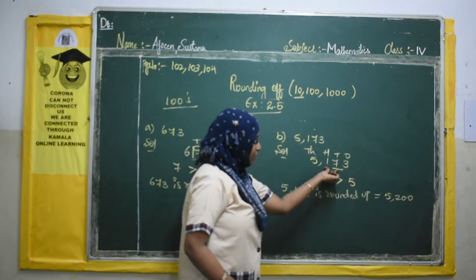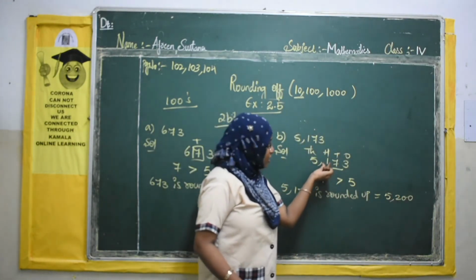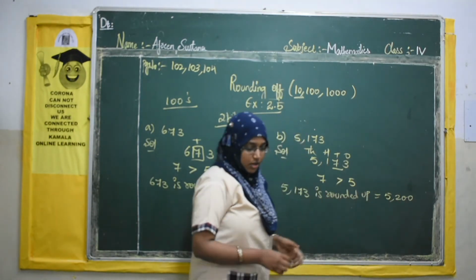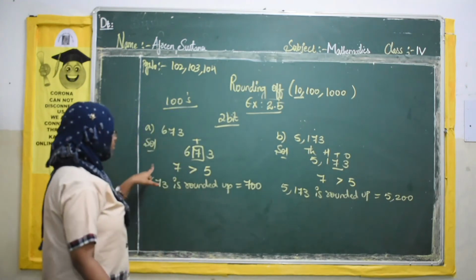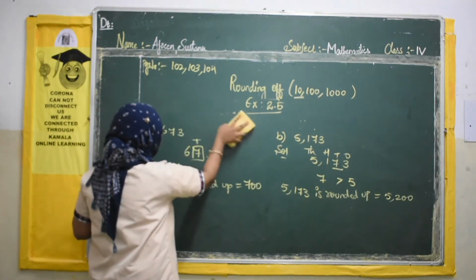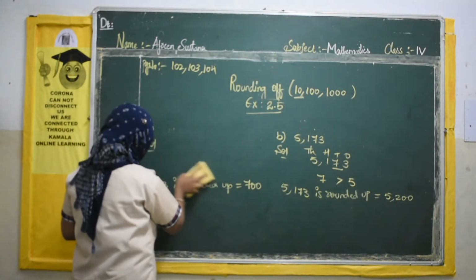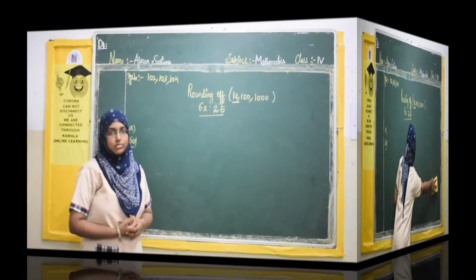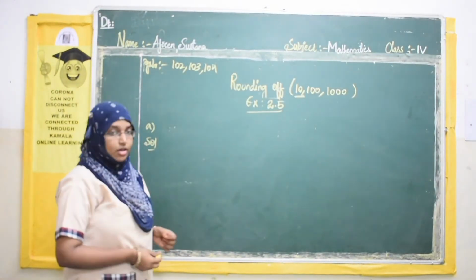After 173, we are changing the digit at hundreds place, right? Here it is 1, it became 2. So I hope you have written. Let us move with the third part.